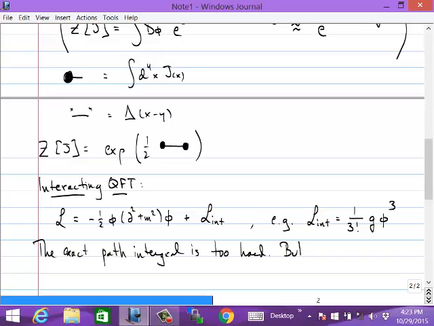But what we can do is make an approximation where this coupling constant g is small, and hopefully come up with some sort of systematic perturbation theory where we view this interaction term as a small perturbation of the free theory.